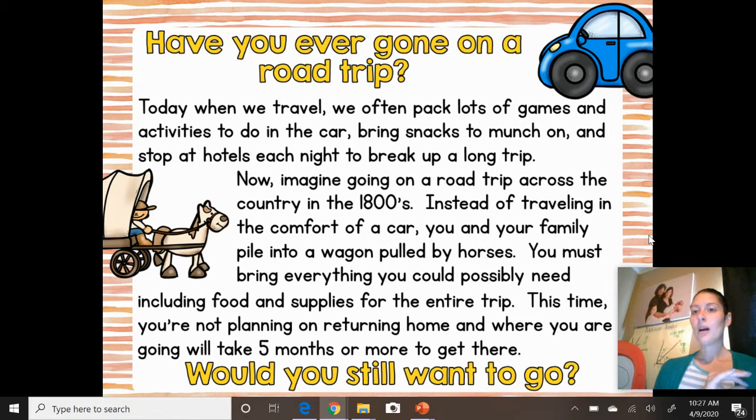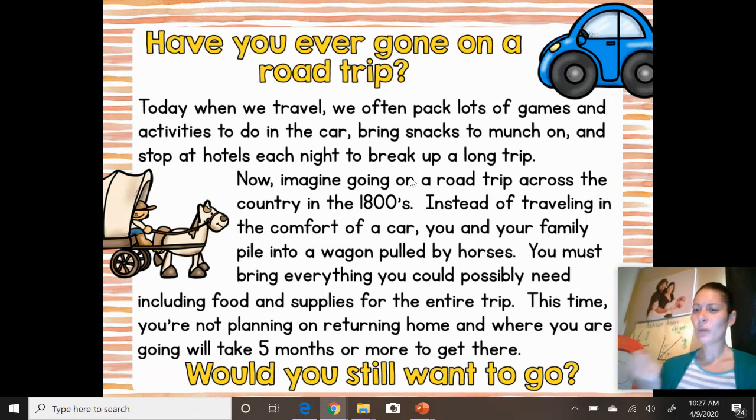So these people that decided to travel west would get in these big covered wagons like this that were drawn by horses or any type of big work animal that could pull a wagon. Some people had big ones, some people had small ones, but they would load everything that they had onto these wagons if they decided to move west, okay?